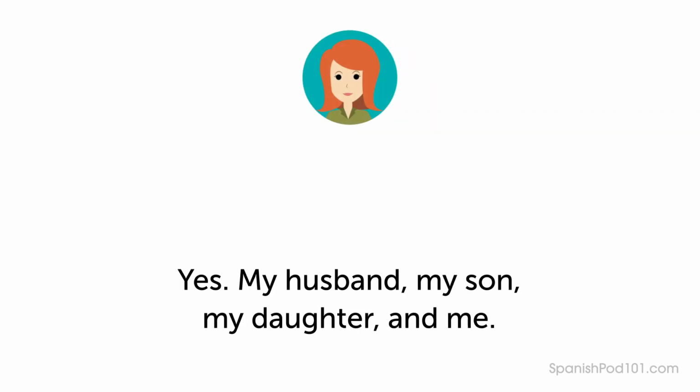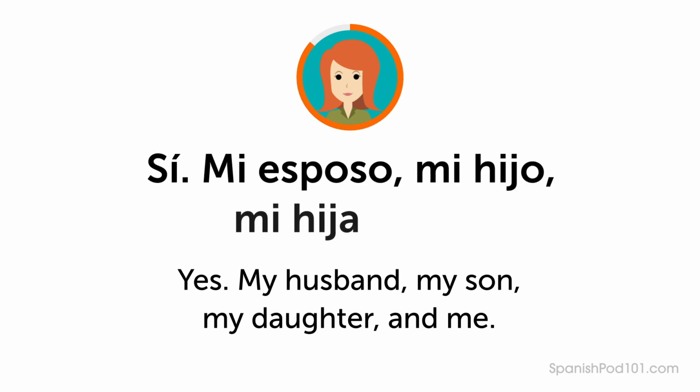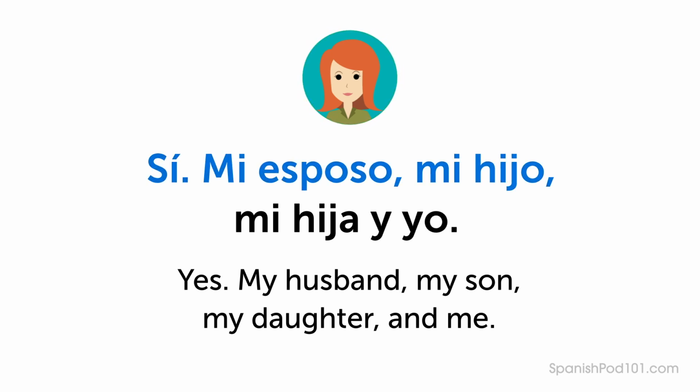Let's take a closer look at the response. Do you remember how Karen says, "Yes, my husband, my son, my daughter, and me"? Sí, mi esposo, mi hijo, mi hija y yo.